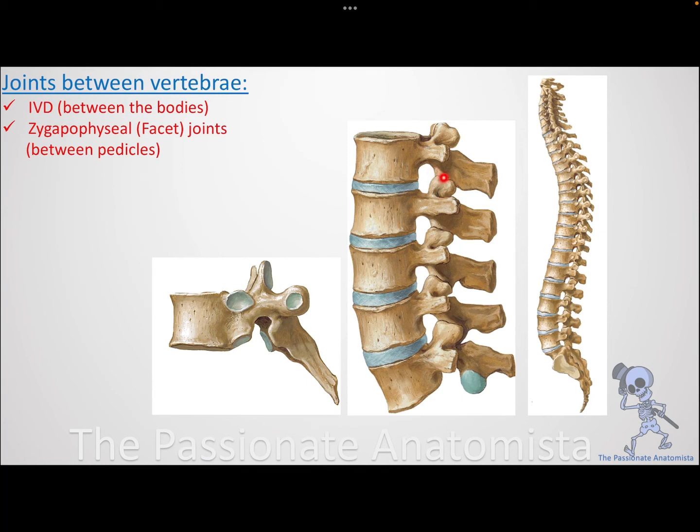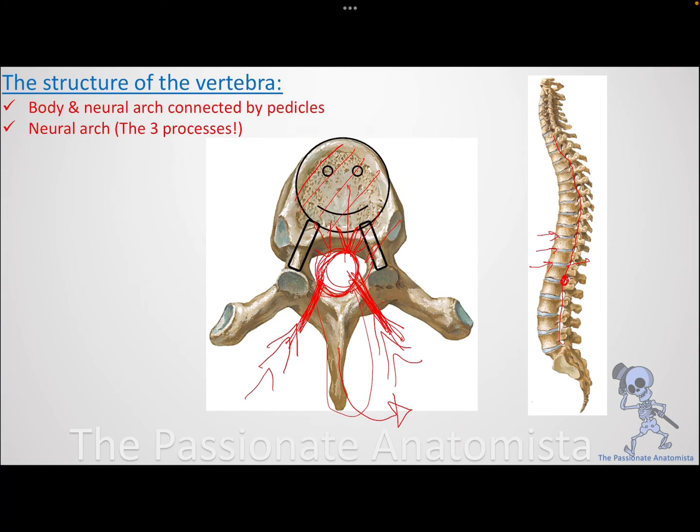And once I form the pedicles between the superior and inferior articular surfaces, I'm going to have the intervertebral foramen. Why do we need a foramen? Because we need to have the spinal nerves exiting from them. Remember, when we looked from above, the spinal cord is here, and I have bodies connected together, and I don't have any space.